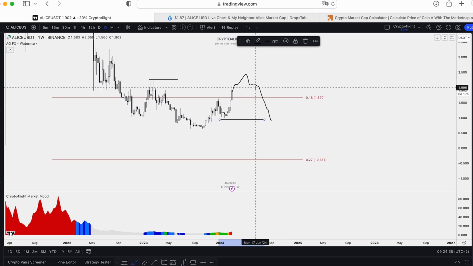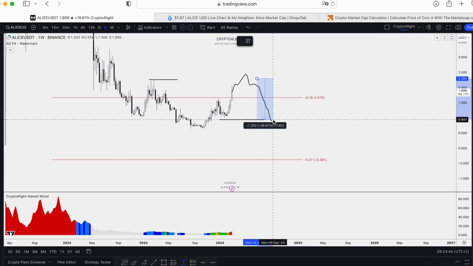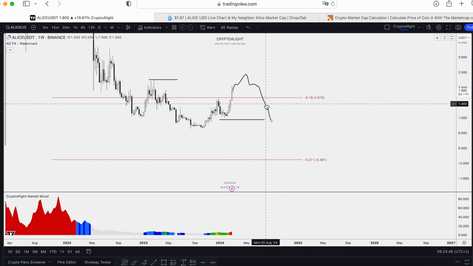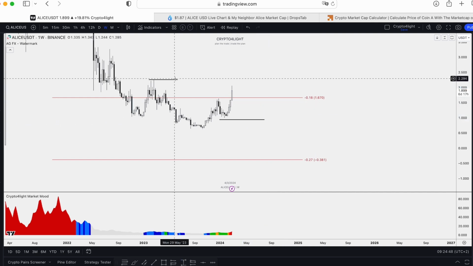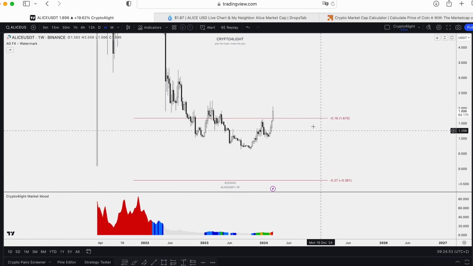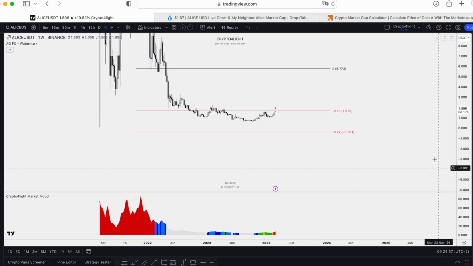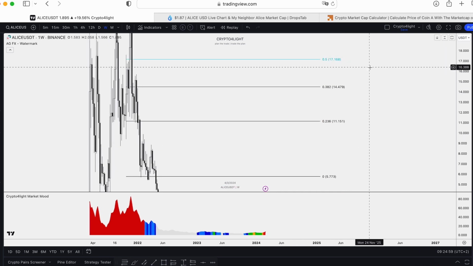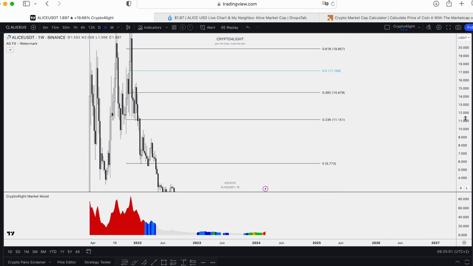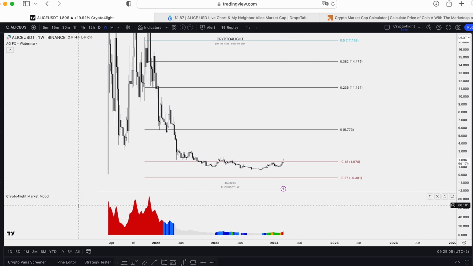So if you're not ready to see, just for example, 50% down in your portfolio, you can better skip this coin. If you're ready to wait and accumulate, for example, once again, if we drop inside the accumulation zone, you can accumulate even now, because the main target I showed you here. Got it. Because now we're trying to break out the 18 level by FIB. Now you understand how it works.